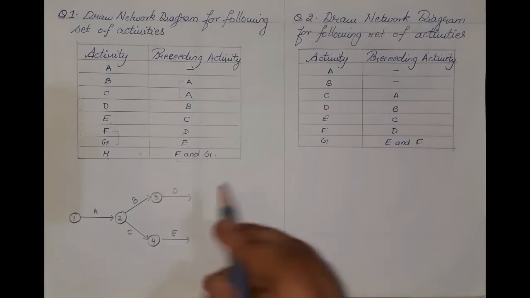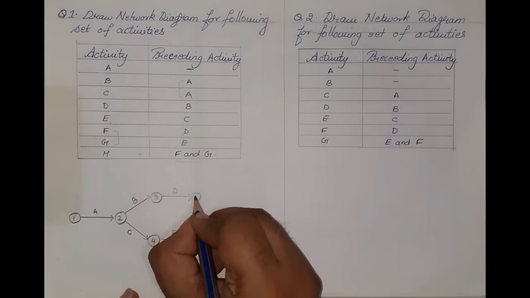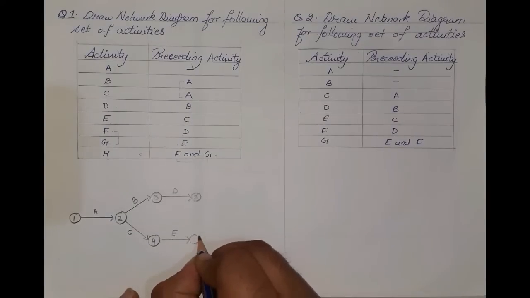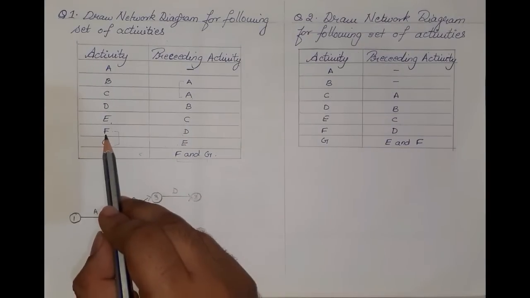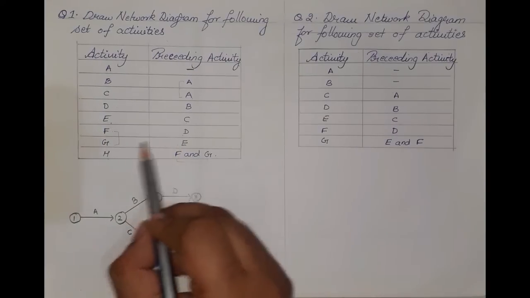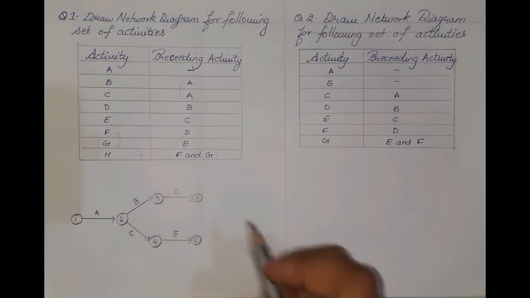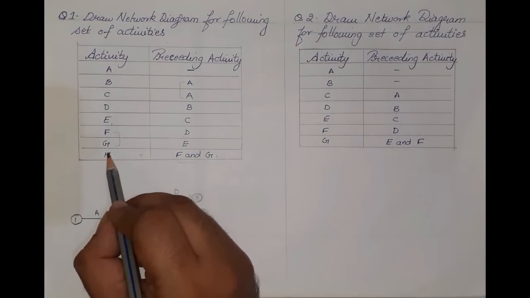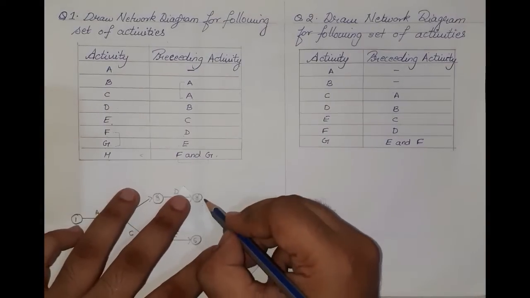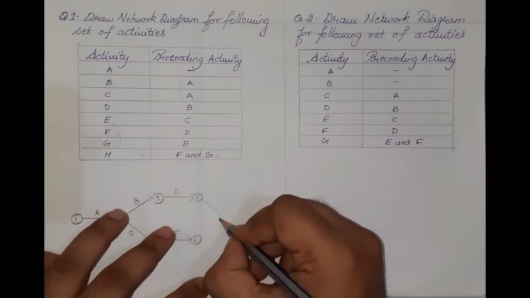So now what we will do here is event number 5 and event number 6. From D we have activity F coming out, and from E we have activity G coming out. But both of them are merging at activity H, so we'll taper them down.